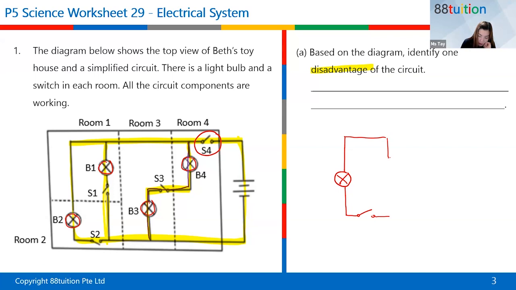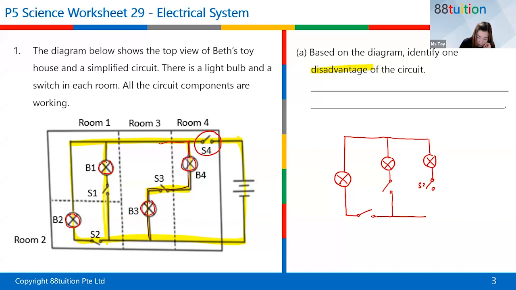So if I were to redraw, imagine over here, I'm drawing to this part, right? You can see, so this is about B4. Instead of drawing the wires that is bent, I am going to draw it straight.